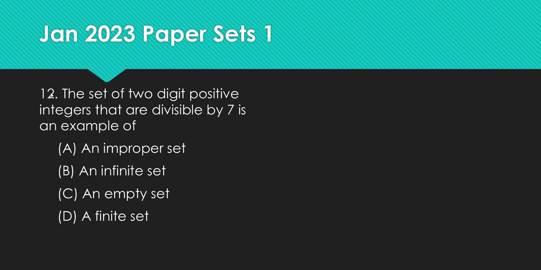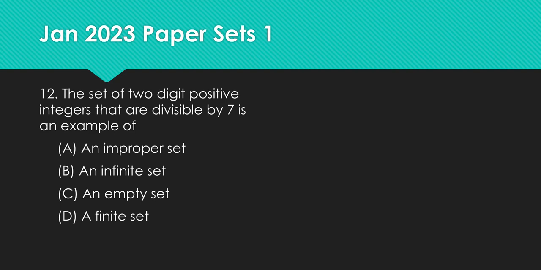Let's look at the next question. The set of two-digit positive integers that are divisible by 7. Again, this is similar to what we did.